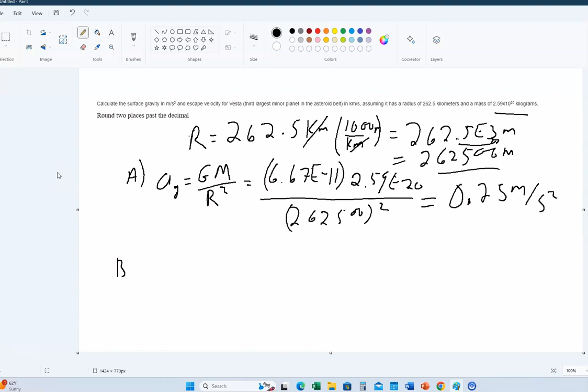And then, of course, part B is the escape velocity. I'll write it like this.